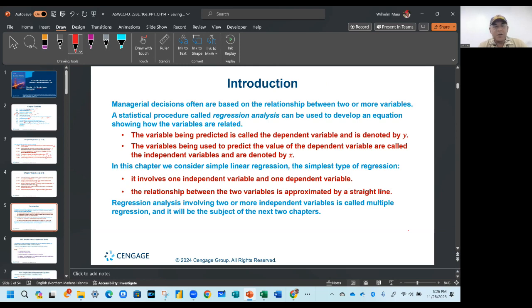Okay, so let's get introduced to the material. In many cases, your managerial decisions are often based on relationships between two or more variables. So we started out by me saying that if you know the relationship between your price and quantity, and furthermore, you know not only that the law of demand says reduce the price and quantity purchased goes up, but you go further and use this technique to estimate your elasticity, then that elasticity will further tell you that if your elasticity is greater than 1, by decreasing the price, your total revenue will increase.